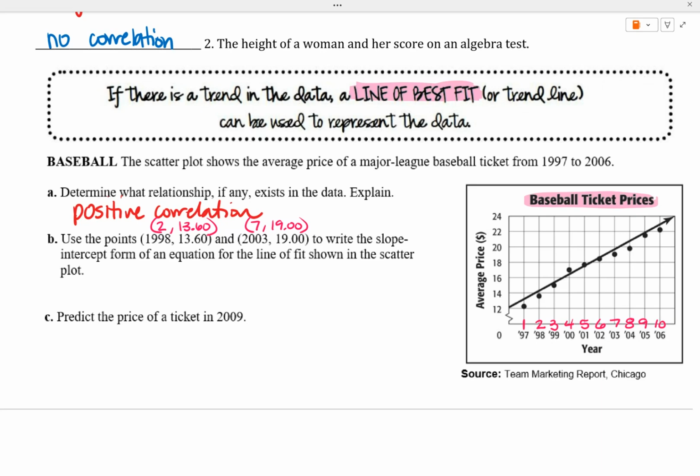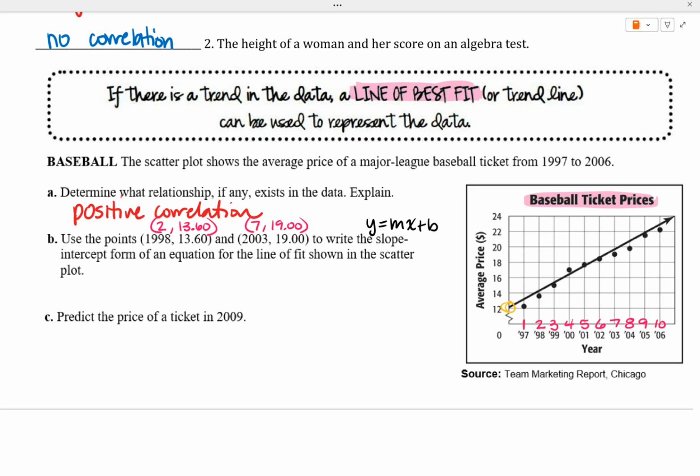So just a reminder, slope-intercept form is y equals mx plus b. So we're going to need to find our slope, m, and then we'll need to kind of determine or ballpark what that y-intercept is. If you look at the graph, it's around 12, but we can't be 100% sure what that number actually is.